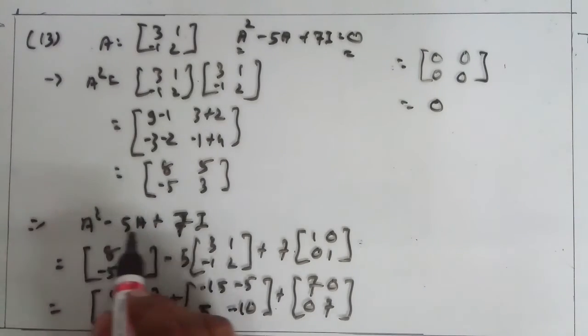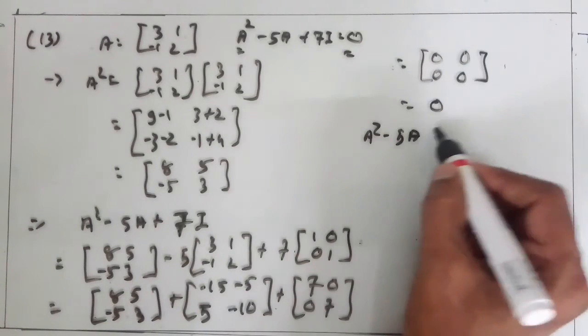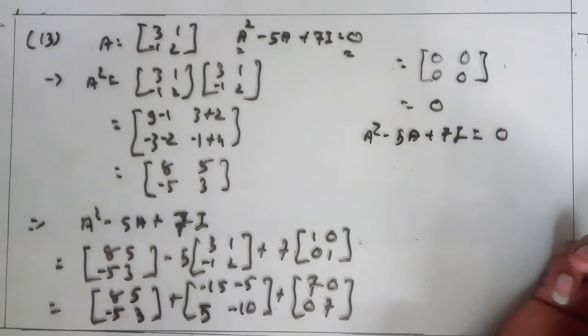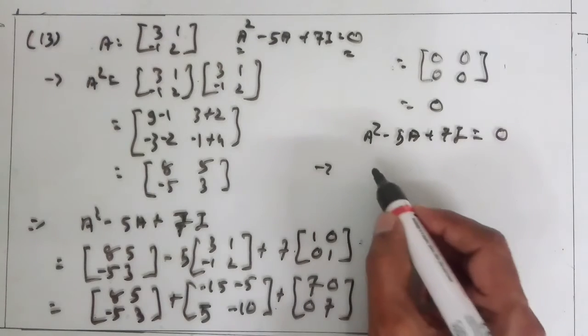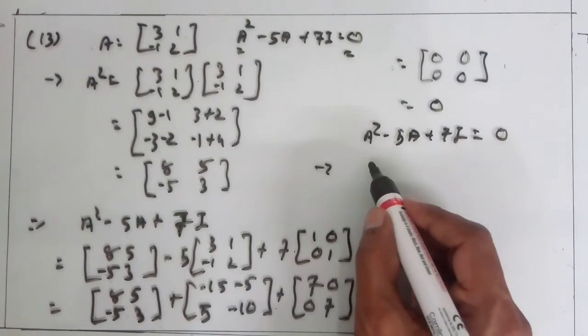So A square minus 5A plus 7 into I is equal to 0. Clear? Now think how to get A inverse. For A inverse, multiply by A inverse on both sides.